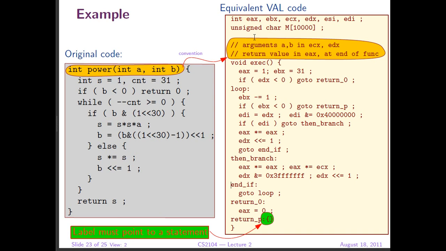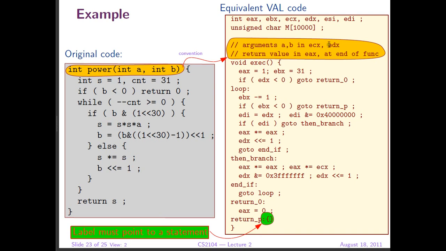First of all, how do we transfer the arguments? That's a matter of convention. Whenever you write this, you have to make the assumption that the arguments will be placed in certain registers, typically, and you have to say what they are. It's up to you, but you have to say what they are.